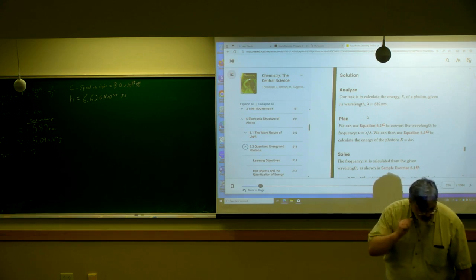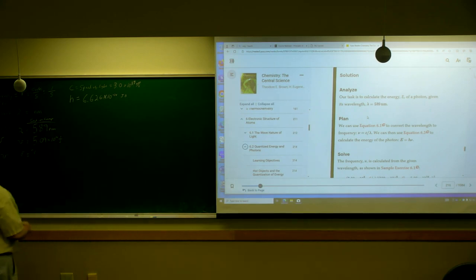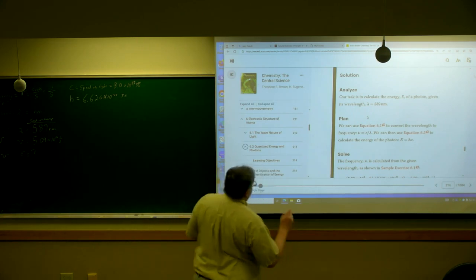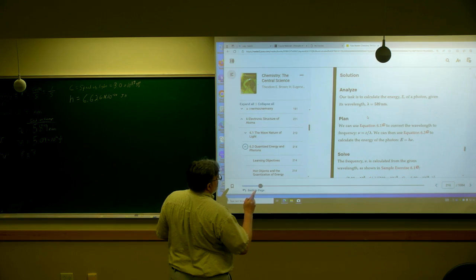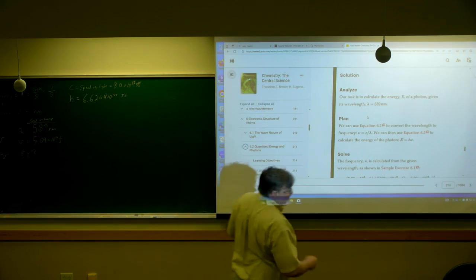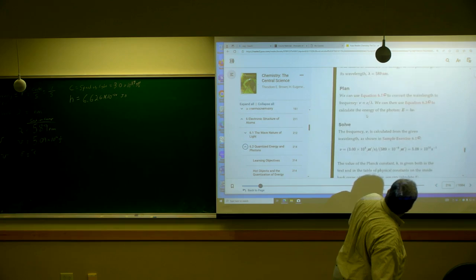E equals h nu. So we're going to use this now, and I guess you have to calculate the frequency first. I guess they do it in two parts, that's fine. Algebraically, you can connect those two things.